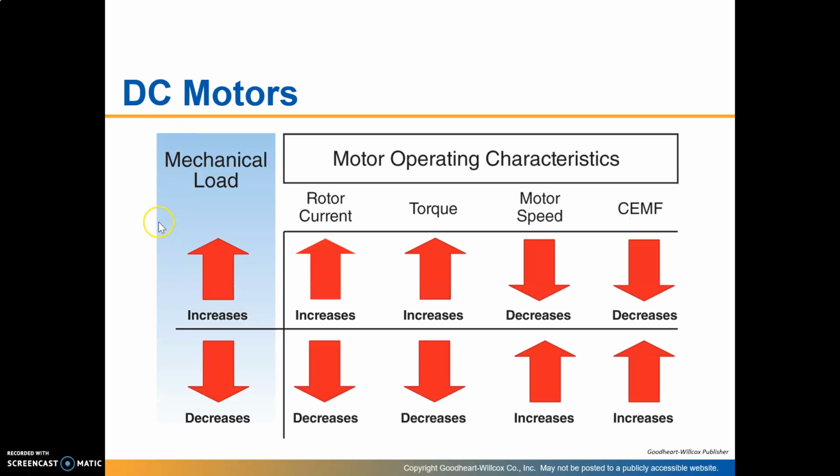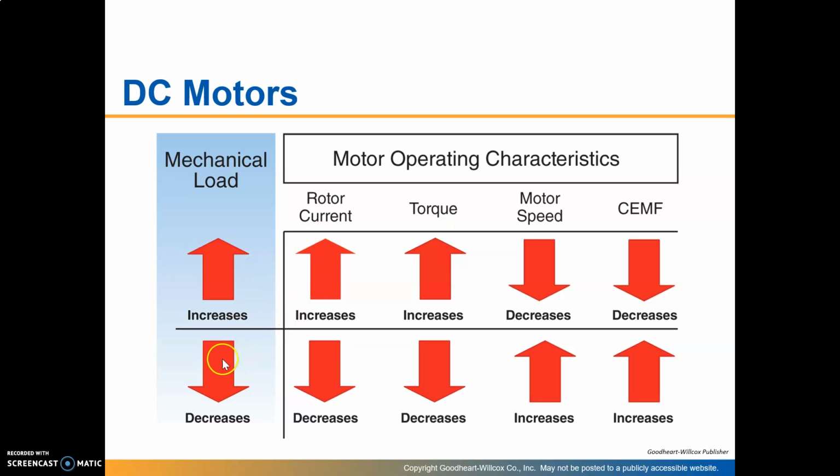So as you can see from this diagram, as the load increases, the current running into that rotor increases because the counter electromotive force that's resisting that current is going down because the speed is going down. And that causes the torque to go up because we're getting more current in there.